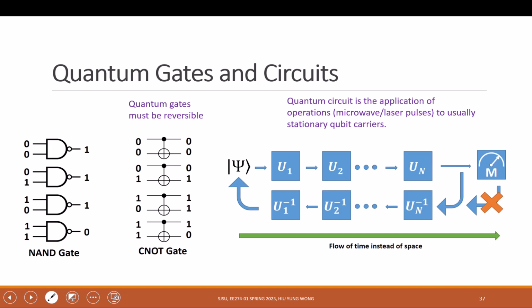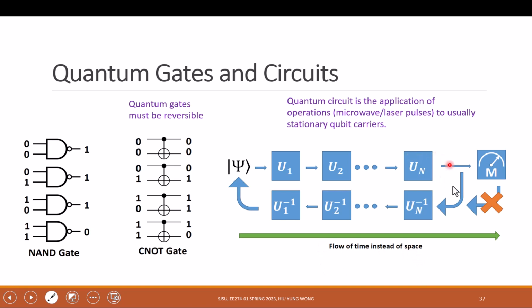That is true. And then you worry, oh, how am I going to lay out my circuit with 1 million gates so long? That is a problem in classical computers. In quantum computers, all you need to worry about is that I need to shoot 1 million pulses onto that qubit. So your chip is still that size, but you just keep shooting different pulses. So this is the flow of time instead of space.